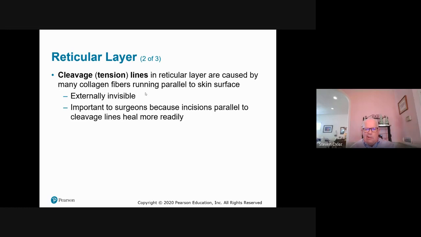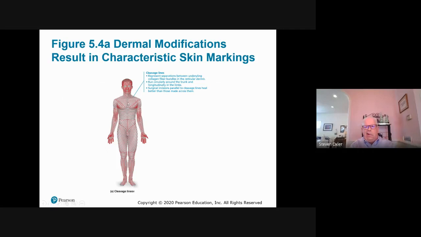So when we cut something open, we want to make sure that we put it back correctly. So we follow cleavage lines and we cut parallel to these cleavage lines so that healing is easier and less scarring. And these are the cleavage lines.